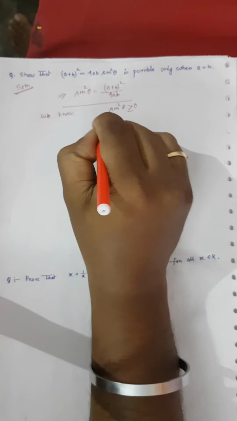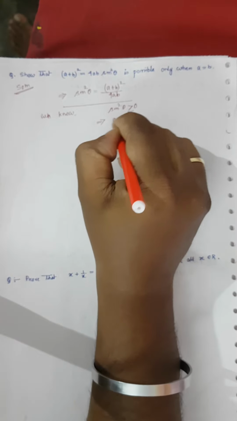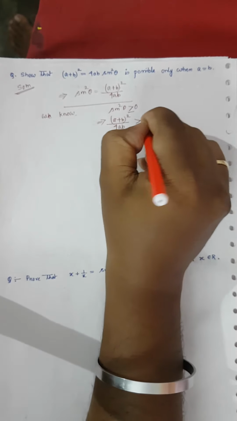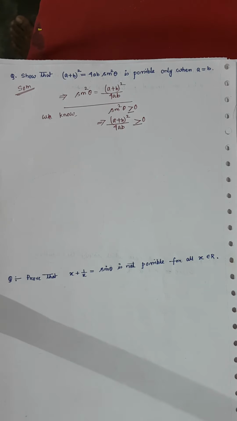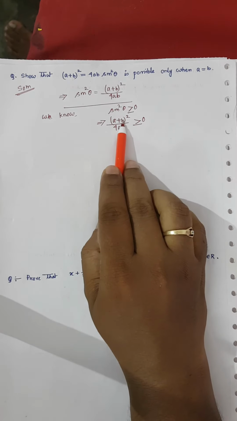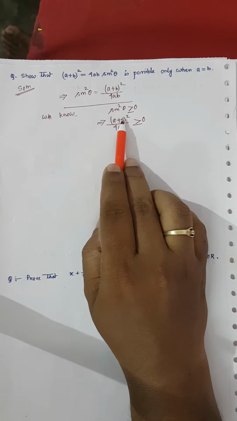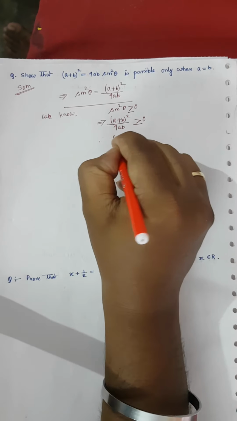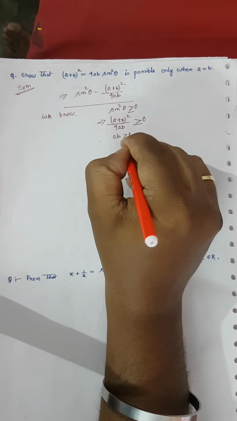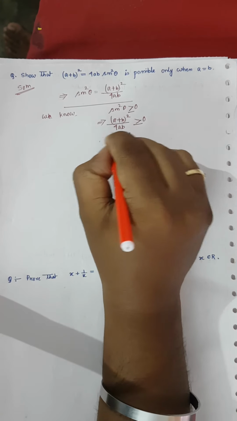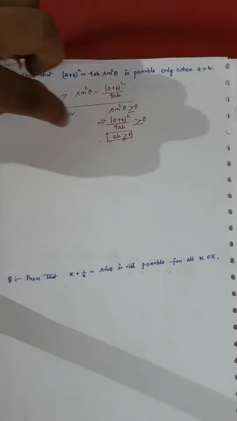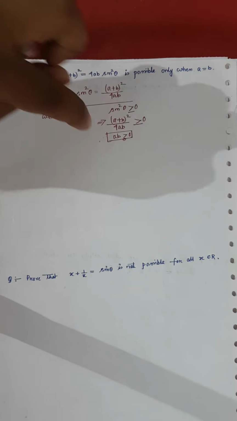So a plus b whole square by 4ab will be greater than or equal to 0. Now a plus b whole square is positive because the square of a real number is always positive. Therefore ab must be positive. It cannot be equal to 0 because it is the denominator. The product ab cannot be negative, otherwise it will be undefined.